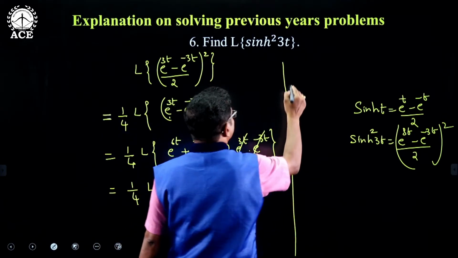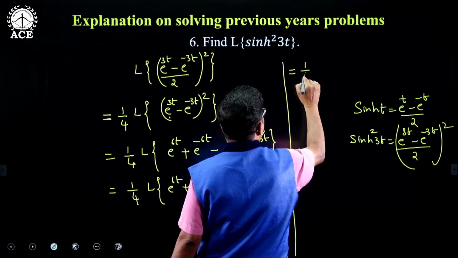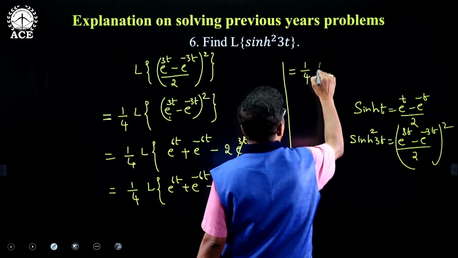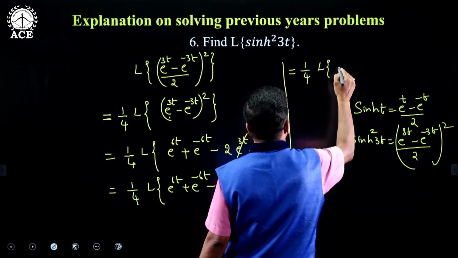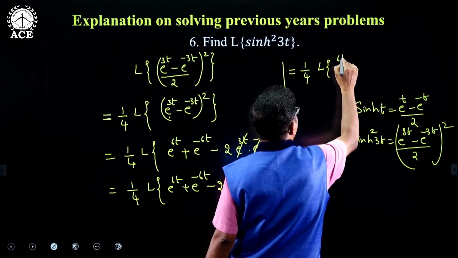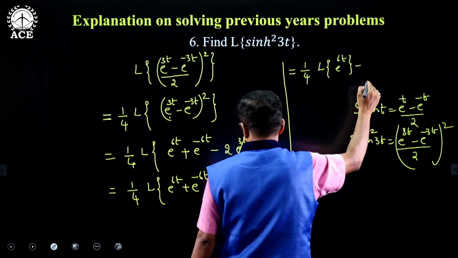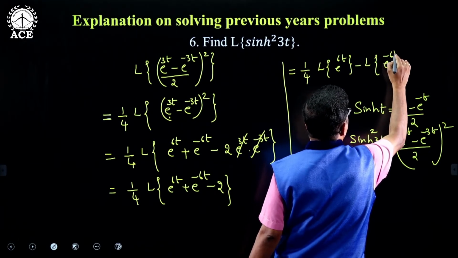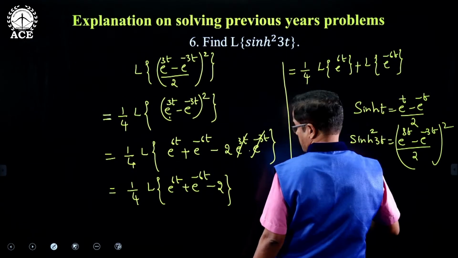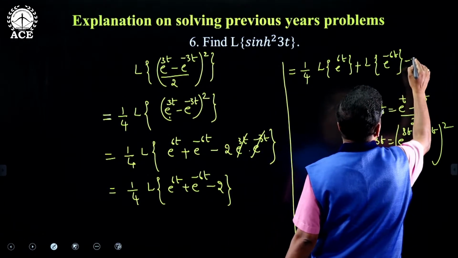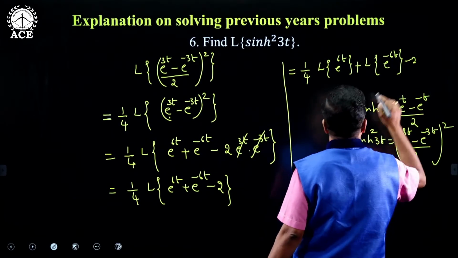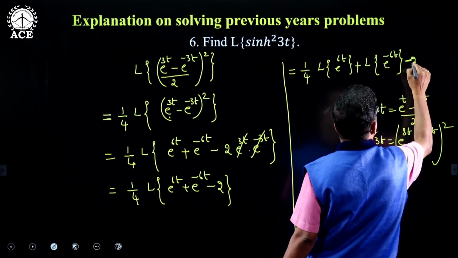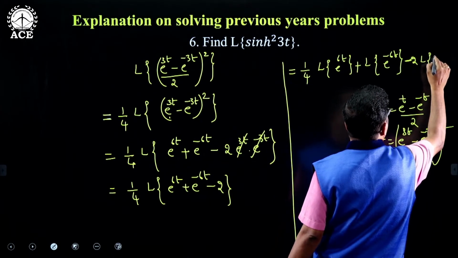So which is equals to 1 by 4 [L of e power 6t plus L of e power minus 6t minus 2 into L of 1] I am writing.